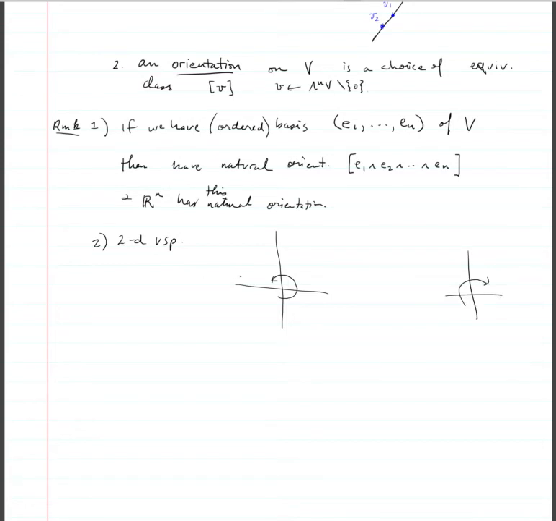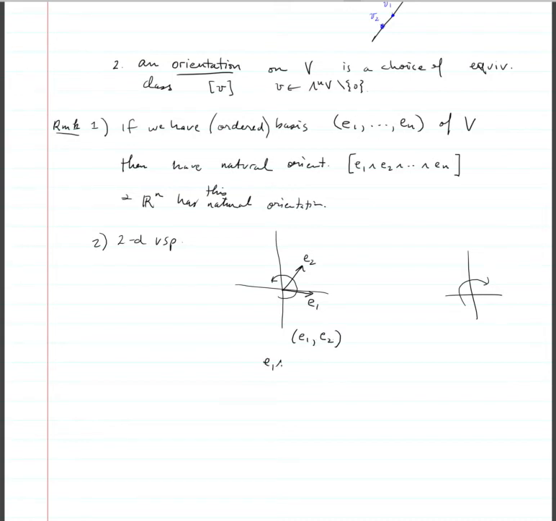And this is very much related to the first remark, because if I wanted to represent this rotation direction as an orientation, what I would do is pick a non-zero vector E1, and then rotate it in this direction, any amount, it doesn't really matter, to get my second basis element, and then I would use this ordered basis to produce the orientation.